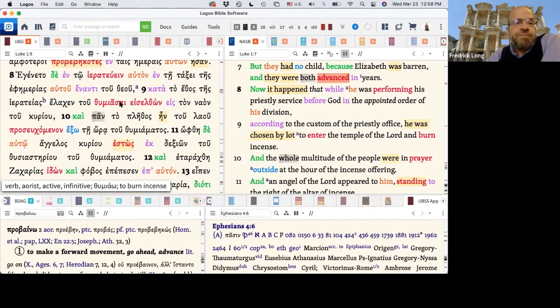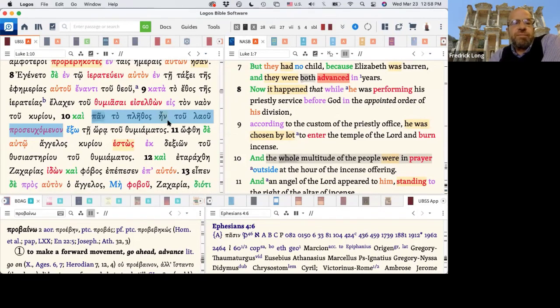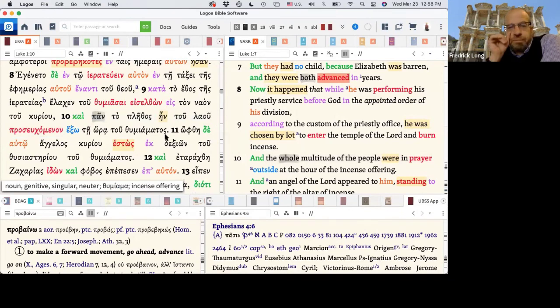Yeah. So we have kai pan to plethos, and the whole of the multitude was, and then we have tou laou, of the people. So it seems like kai pan to plethos, the whole of the multitude, is almost left dislocated, because from the framework of VSO, which we all agree or disagree with, scholarship, nobody can agree on anything, the verb is not first.